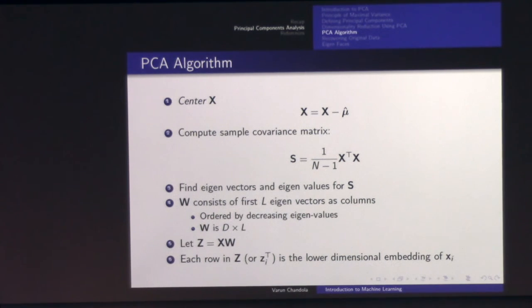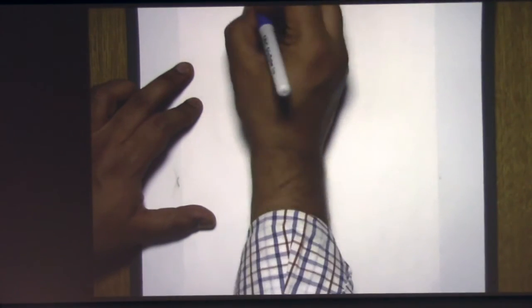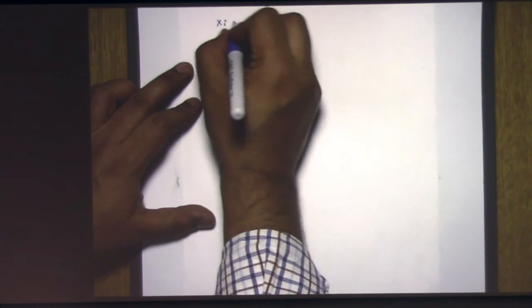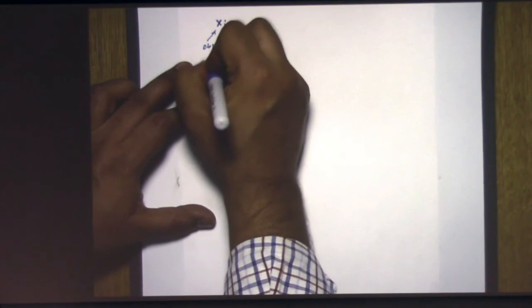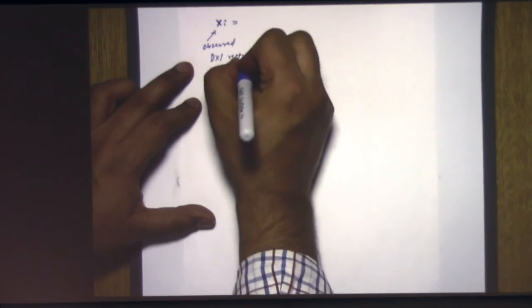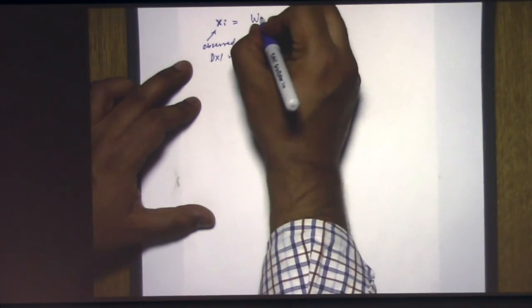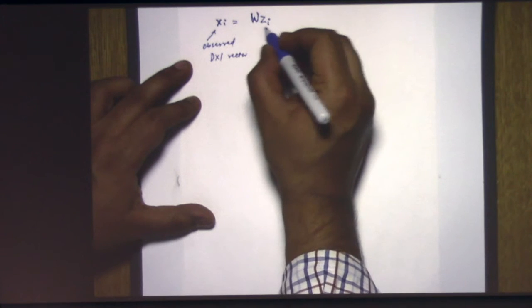So you can think of PCA as a crude form of latent variable model in which you assume that any Xi, which you observe as a D cross 1 vector, is a linear combination W times Zi, right?